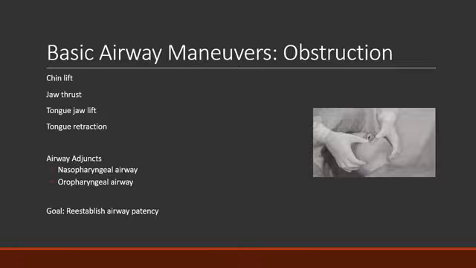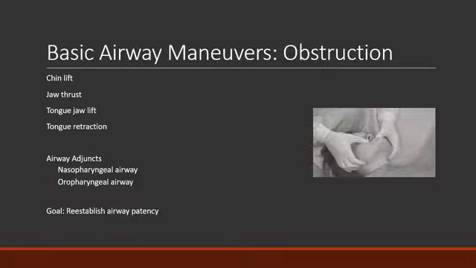In order to help manage that, we need to reestablish airway patency, and we can do that by a couple of different means. We can attempt any of these: a chin lift, a jaw thrust, pulling the tongue out along with the jaw, or retracting the tongue. All of these are used to help reestablish airway patency and get that tongue away from the posterior oral pharynx.